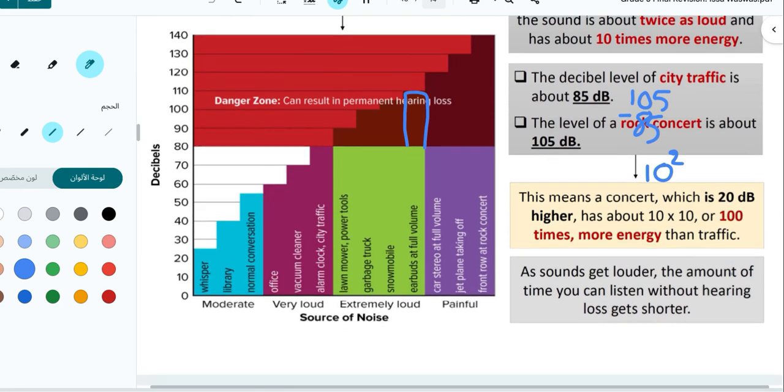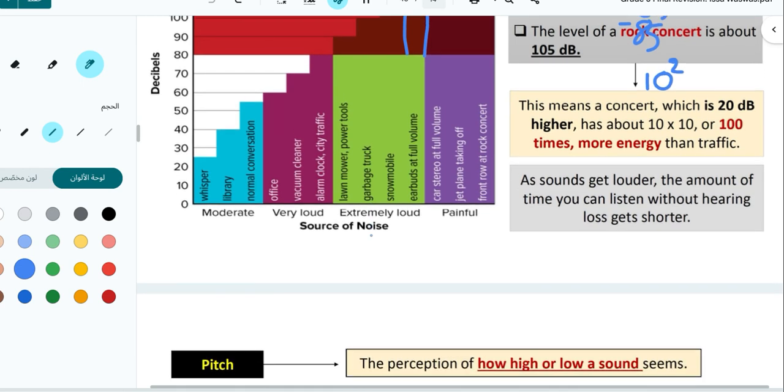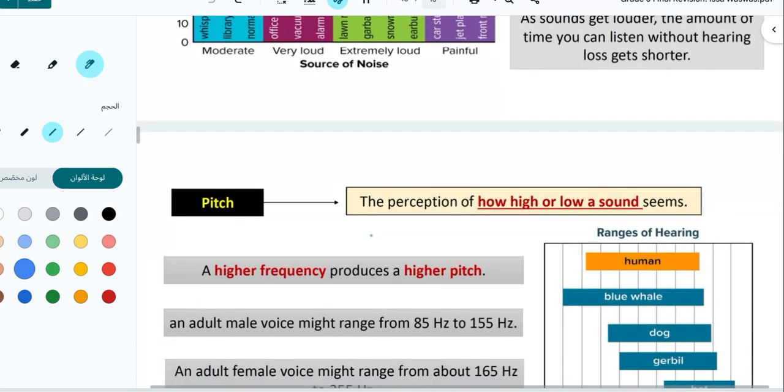As sound gets louder, the amount of time you can listen without hearing loss gets shorter. So we don't want to listen to our earbuds at full volume too long, just like we wouldn't want to listen to a garbage truck too long, because they are very loud and can cause damage to our ears.